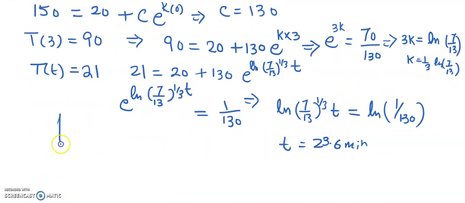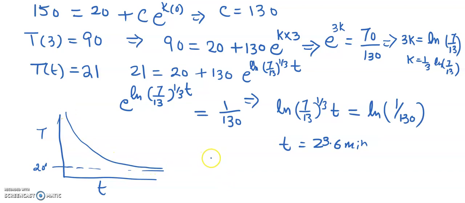If we plot the graph between the time and the temperature, and this is 20 degrees centigrade, then the curve will approach it like this.